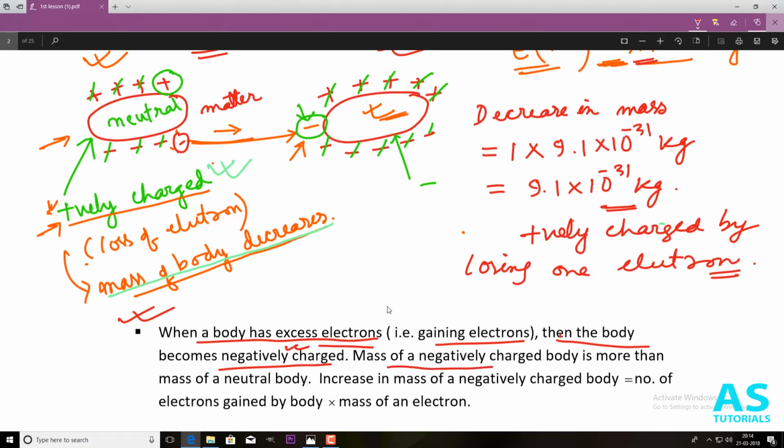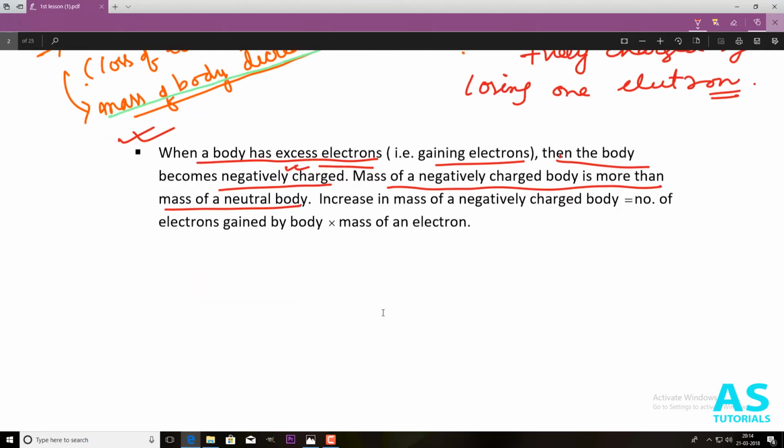Mass of a negatively charged body is more than mass of a neutral body. This is true because once the body is negatively charged, the body has gained electrons. That's why its mass should be increasing. Then, how to calculate the increase in mass of a negatively charged body?